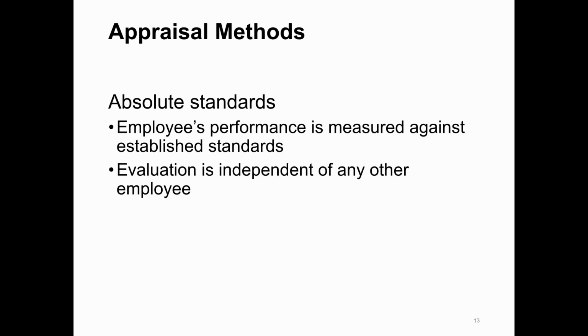So for example, there is no concern about how much employee A has developed, how much employee B has developed, or how much employee C has developed. There will be no comparison between those three employees. However, those three employees will be measured against the established standard independent of each other.